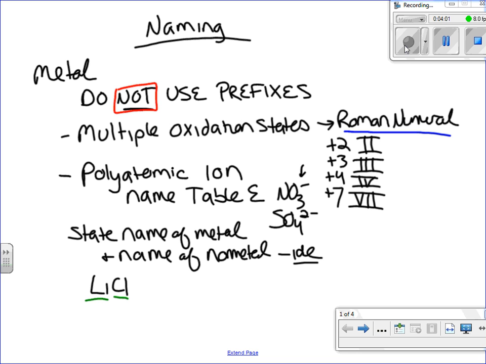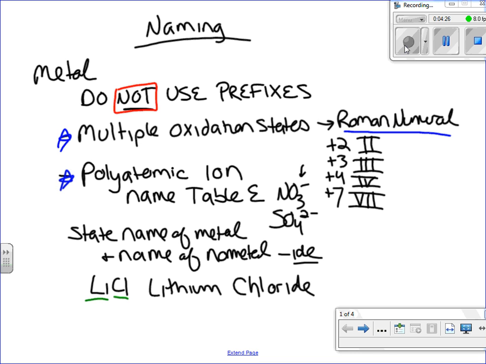So if I were to name this, it would be lithium chloride. Now let's see how that changes as I run into either of these 2 cases, multiple oxidation states and polyatomic ions. If you just have 2 things, one of them's a metal and the metal only has 1 oxidation state, you just name it as lithium chloride.